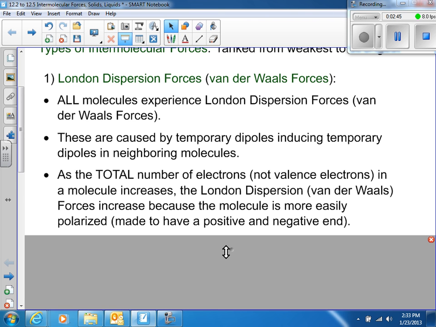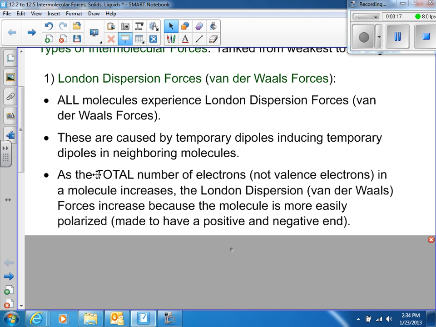All right. Now, these London dispersion forces, they increase with the number of electrons in a molecule. And one of the important things to note, because students often do this wrong, it's your total electrons, not valence electrons. We've been doing Lewis structures, and you're getting very used to counting valence electrons. So many students mistakenly only count the valence electrons to determine London dispersion forces strength.